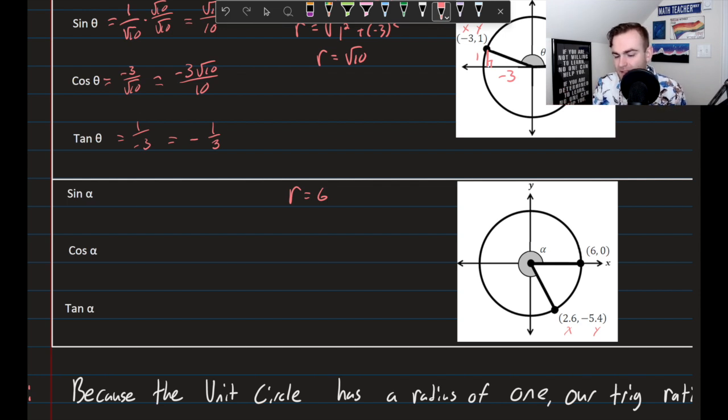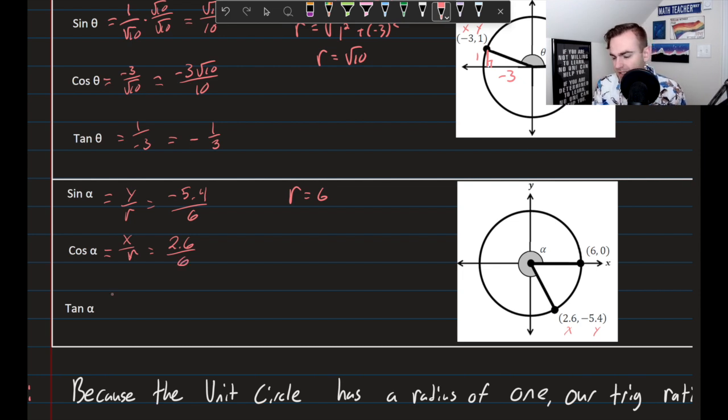So sine is y divided by r. So that would be negative 5.4 divided by 6. We can reduce this, but for our intents and purposes, we have an integer in the denominator. I think it's fine. Cosine, we have x over r, which is 2.6 divided by 6.